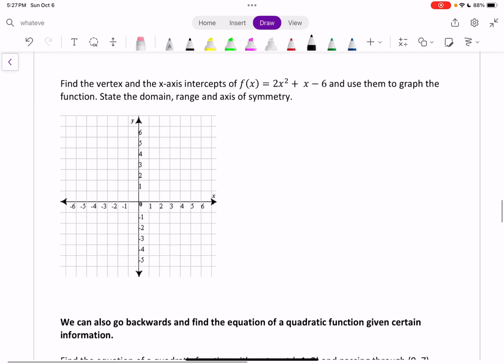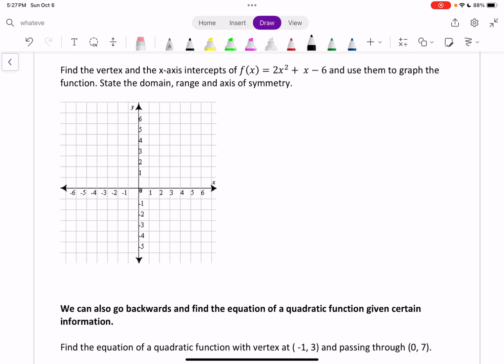All right, let's try this again. Find the vertex and the x-axis intercepts. So negative b over 2a, so that's negative 1/4. The y-coordinate of the vertex is what we get if we plug in negative 1/4 into the function.